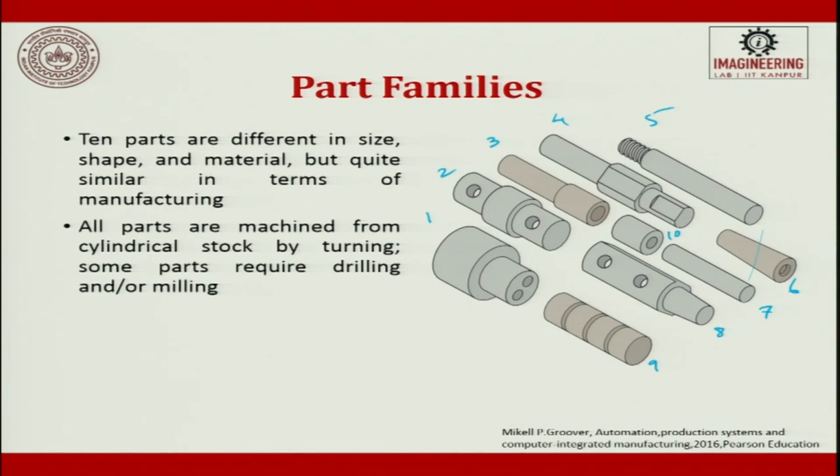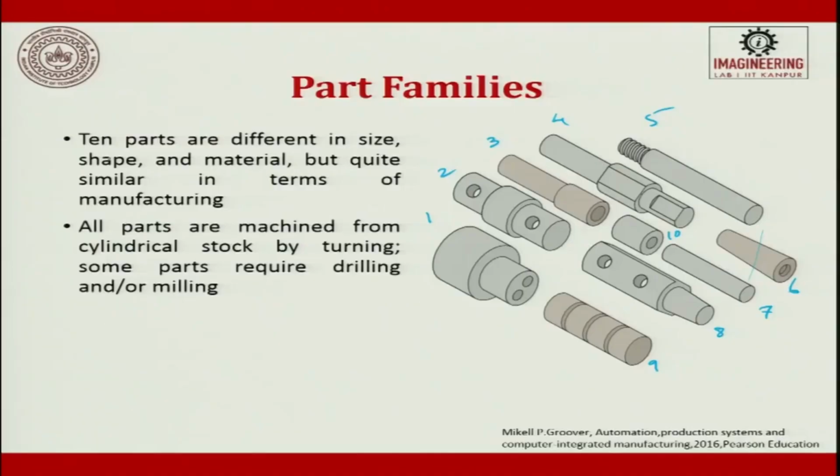If you want to make a completely drilled hole, then after the lathe machine, you have to go to a drilling machine. Then when we have to make a flat surface on a cylindrical surface, naturally you need a milling machine. The 10 parts are completely different, but they are classified under one group, maybe I can call it a turning group.